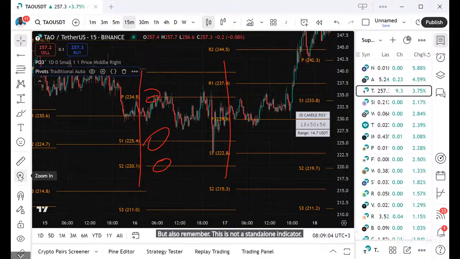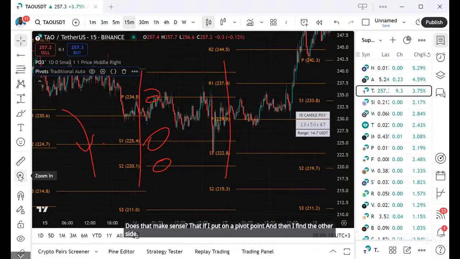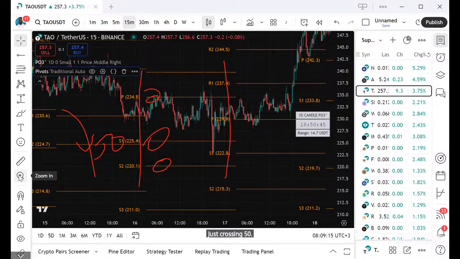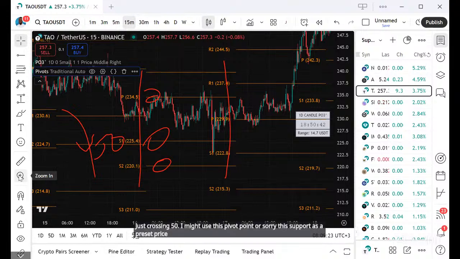Does that make sense? If I put on a pivot point and then I find the RSI just crossing 50, I might use this support as a preset price.